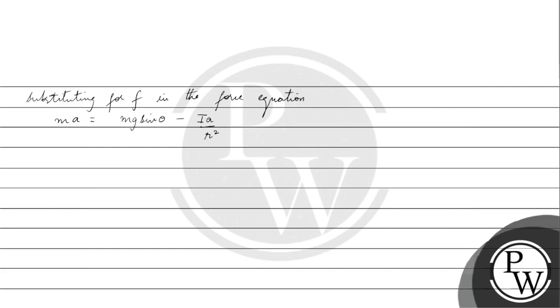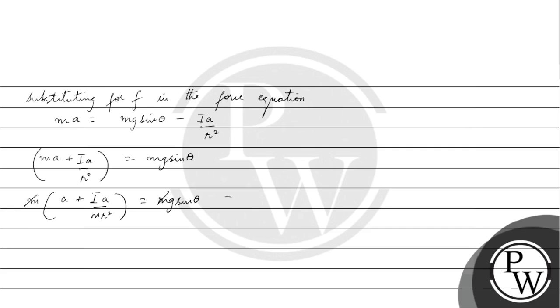So rearranging terms, हम इस इक्वेशन को ma plus I a by R squared is equal to mg sin theta लिख सकते हैं. So taking m common on the left hand side, we can cancel it with the m on the right hand side. तब ये होगा m into a plus I a by m r squared is equal to mg sin theta.